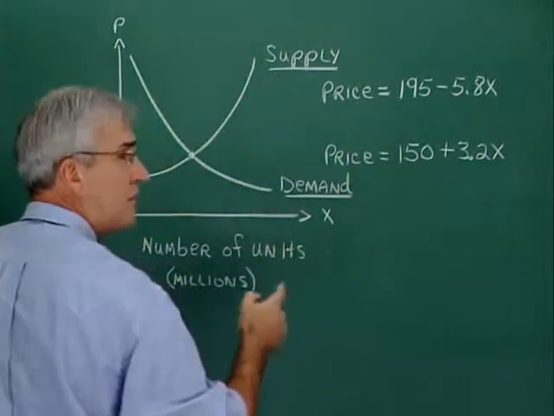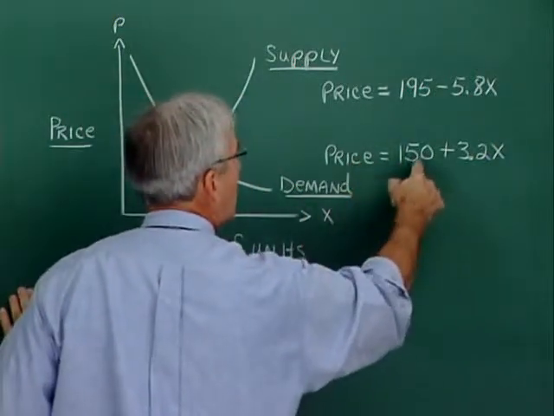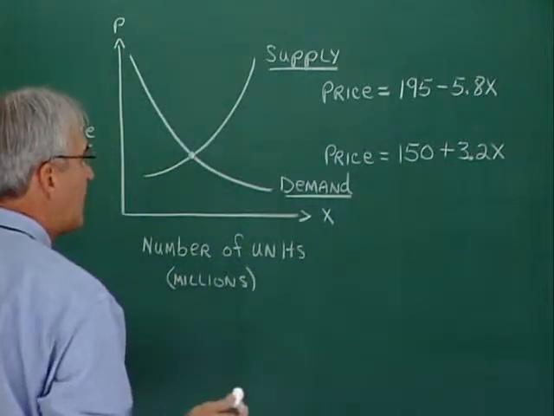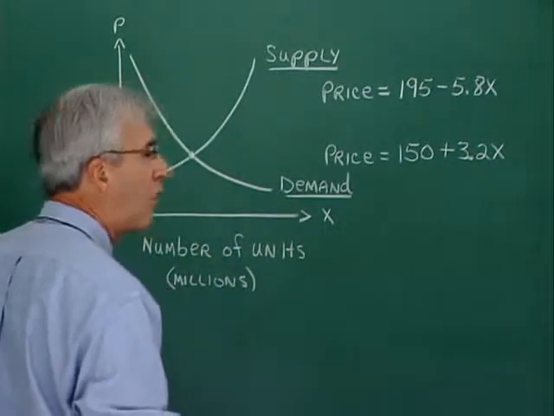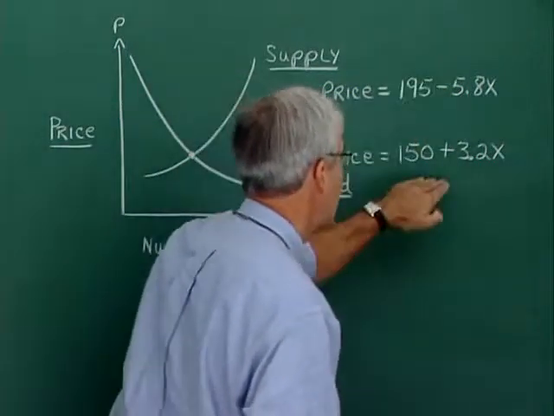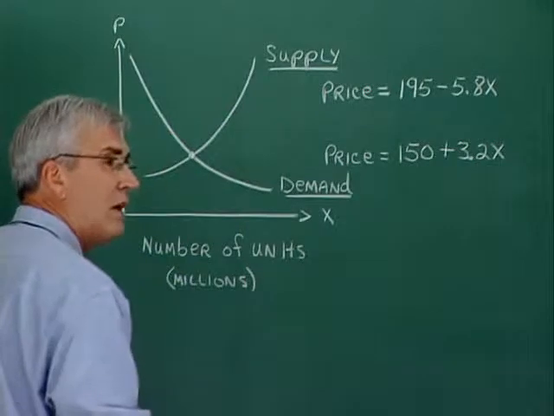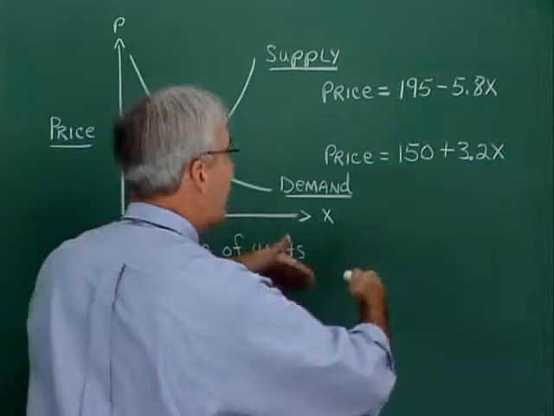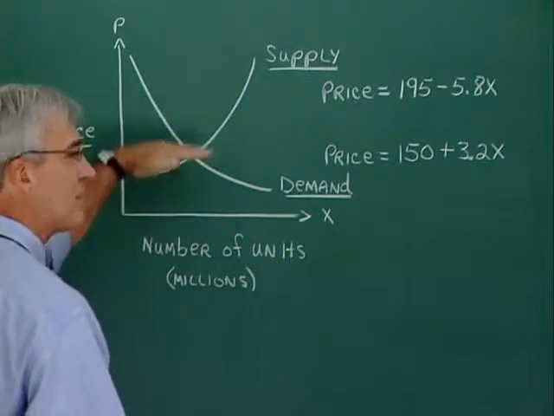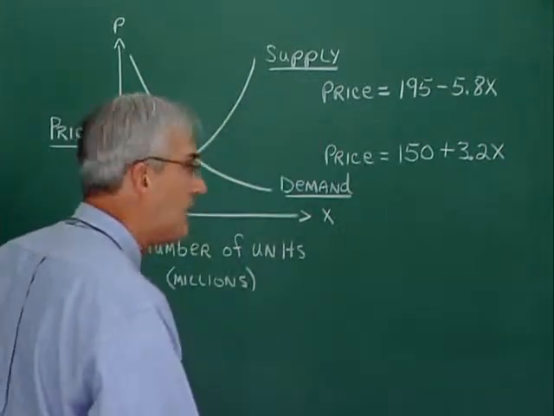And on the demand curve it is 150 plus 3.2x. And to find the point of equilibrium, we would do just like we did before. You see, we would set the two expressions equal to one another, solve for x. And then we could plug that value of x back into either equation and find the value for the price associated with that number of units, x.